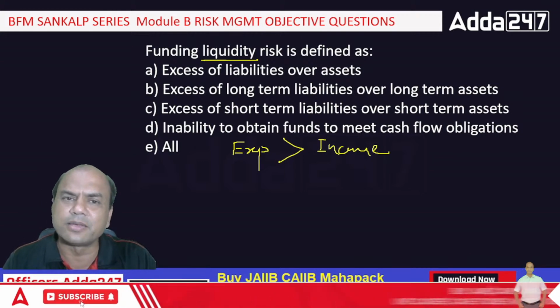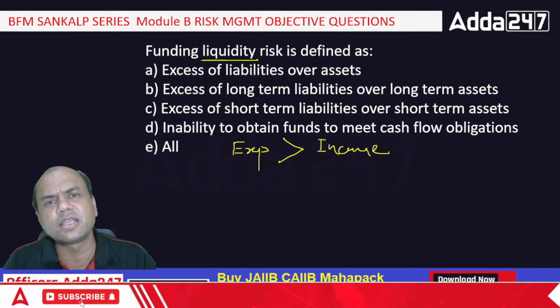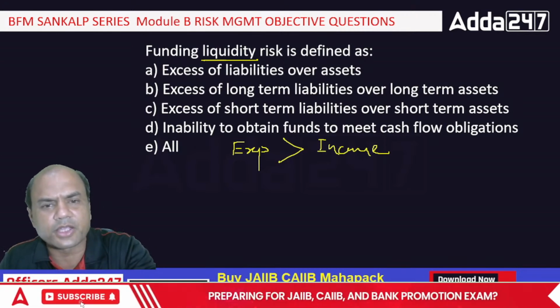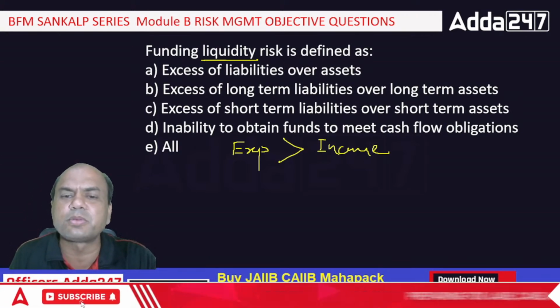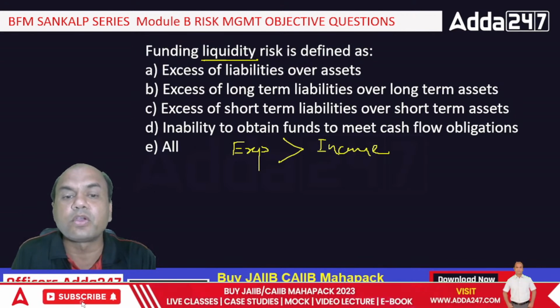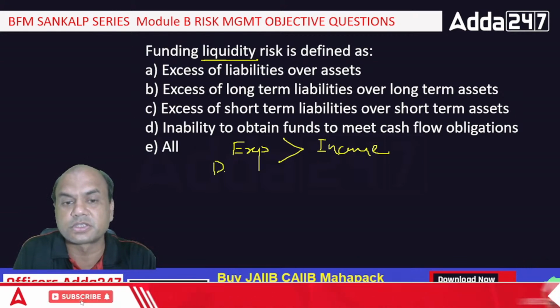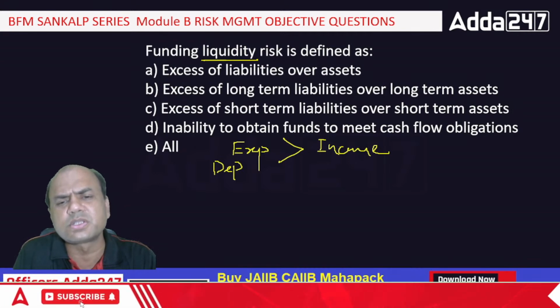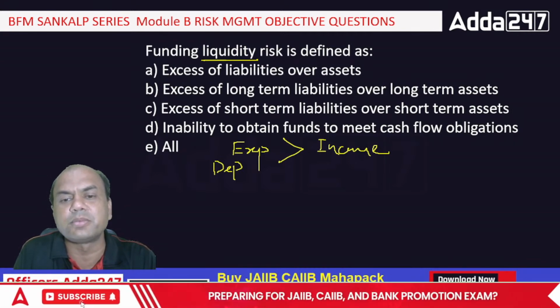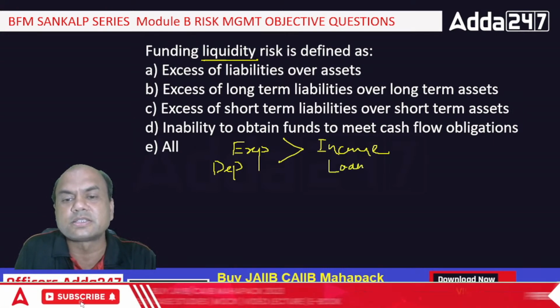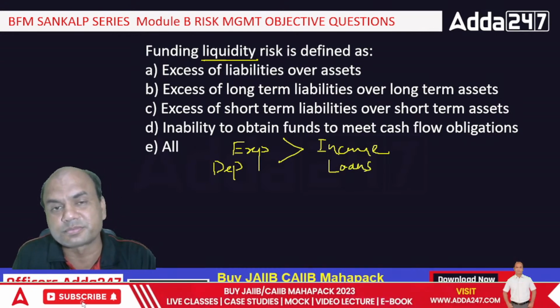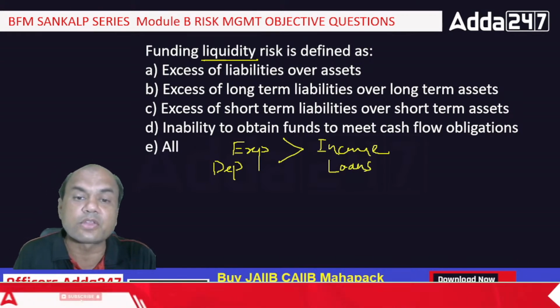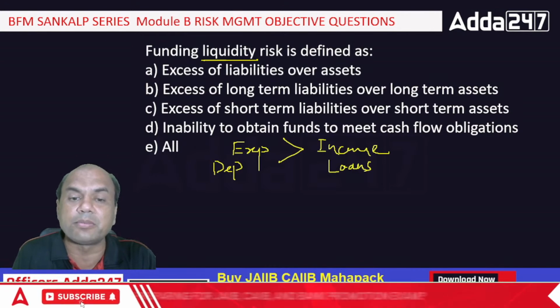Okay. Same thing happens with organizations also. Same everywhere. If your expenses are more, how can your expenses be more in a bank? If you have more deposits, huge deposits, and your income, meaning loans, is lesser, or loans are NPA. So in that case, what happens? Deposits are more, liabilities are more.